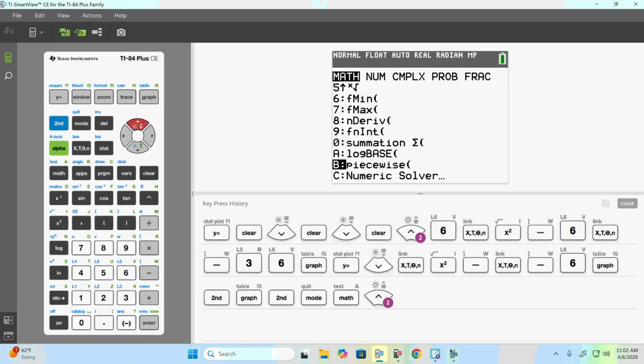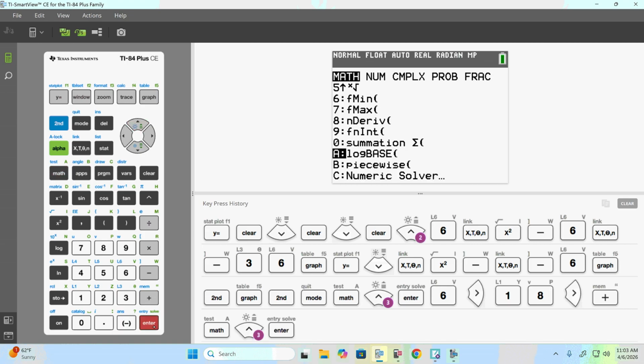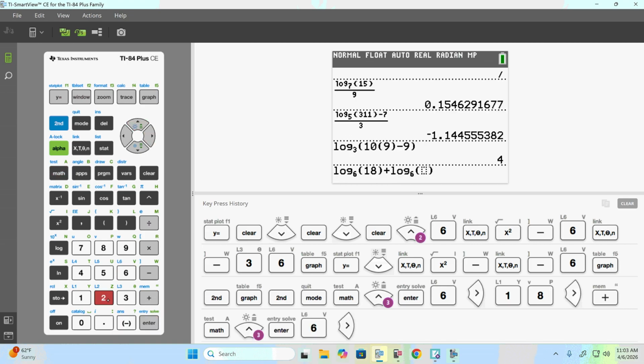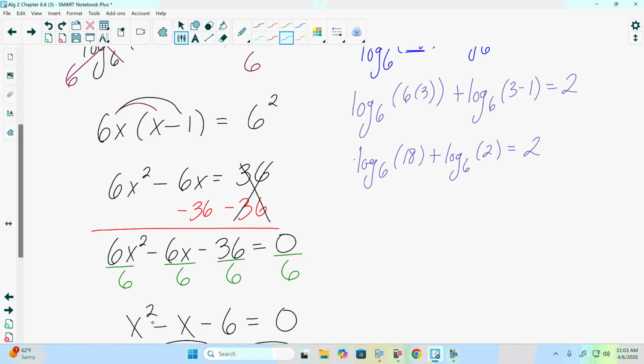Log base 6 of 18 plus log base 6 of 2 does indeed equal 2. And mainly what we're checking is to make sure that what's inside both of these here is not negative.